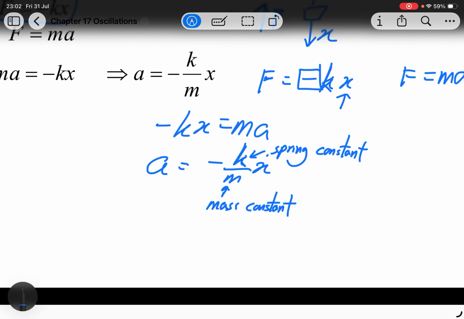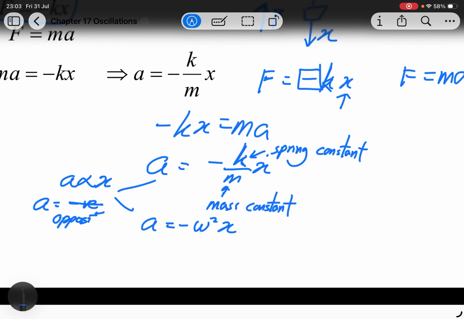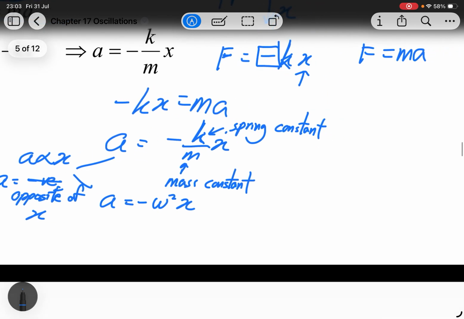So it's the same as a equals negative omega squared x. For both, a is directly proportional to displacement, and a is negative, or you can say opposite, of x. Okay, both are the same. And if you want to compare, for spring, omega squared equals k over m.